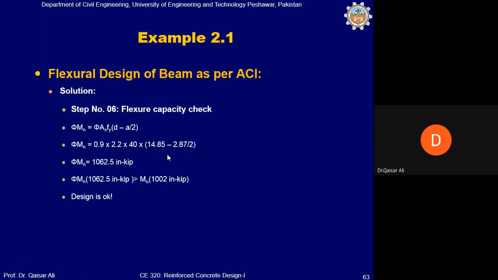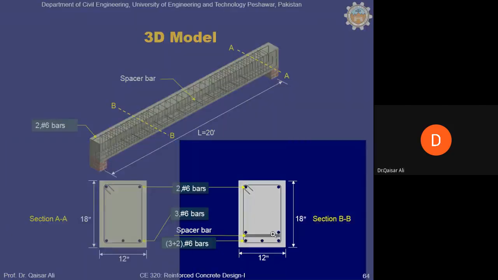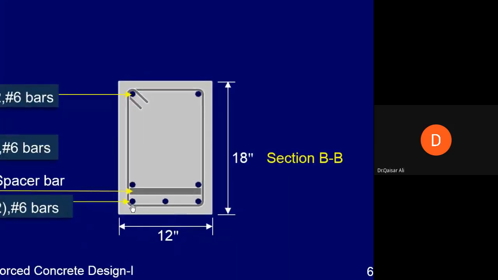Okay. Finally, the drafting phase. In the drafting phase, you can see the beam length in 3-dimensional is shown to you, and there are 3 plus 2 bars here. There is a spacer bar given. The spacer bar will be necessary because these 3 bars are easily supported on the stirrup here.